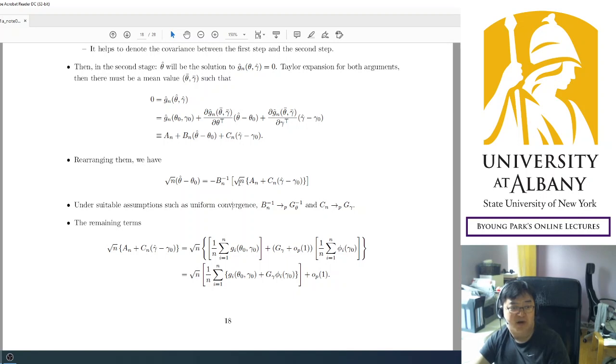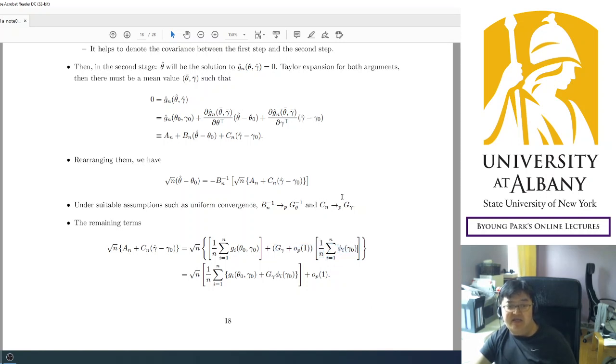And so this part can be written as An. An will be approximately this. So g hat will be very close to g, and this part will be approximately this, right?